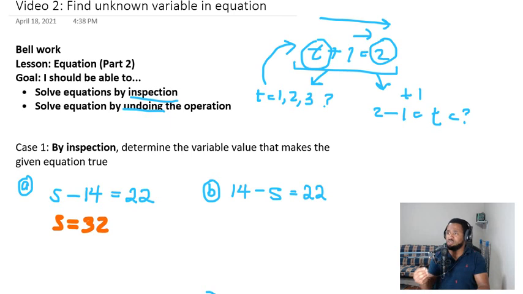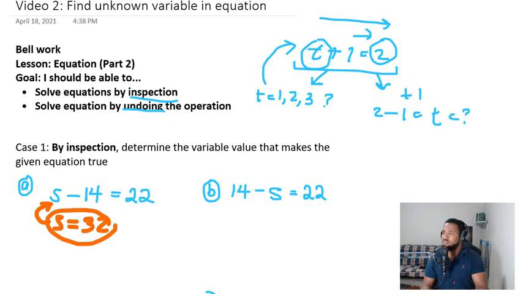A good way to check is to put 32 into this equation to see what s will give me. If you take 14 away from 32, you should get 22.